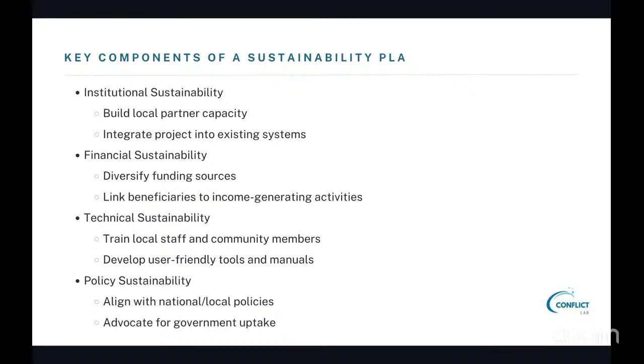And in policy sustainability, a lot of the times you will see there are a lot of advocacy plans. So if you're trying to make a change, for example, with a lot of the smallholder farmers that we were working with, we would always have this aspect of advocacy.